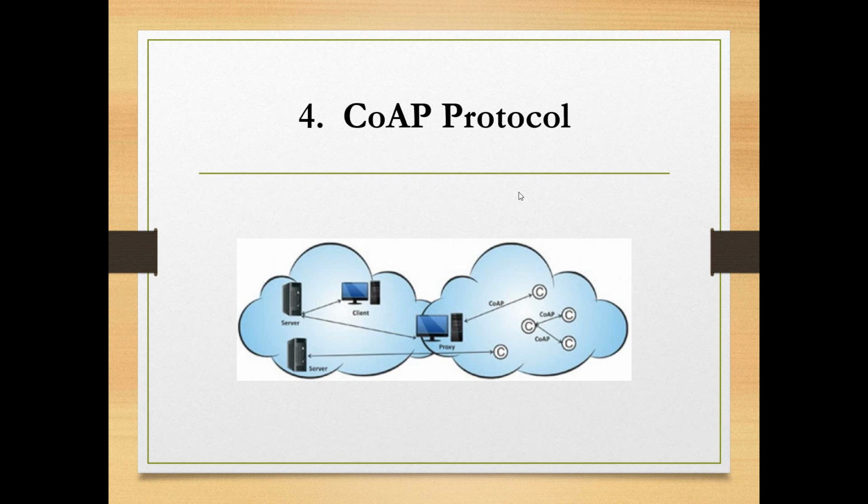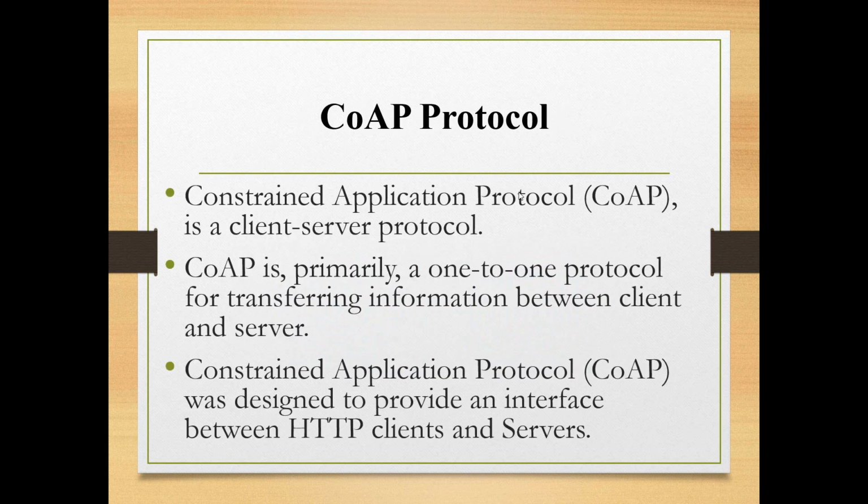For the MQTT, we have communication between the clients or nodes via an intermediate node, which is the broker. But for the constrained application protocol, we have a direct communication between the client and the server. It is a one-to-one protocol for transferring the information between the client and the server.